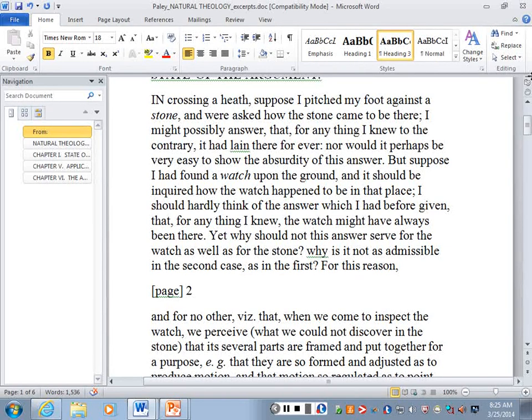You and I walk across the field, but in Scotland we're walking across the heath. And then I cut and pasted some stuff from later in Paley's Natural Theology, where he kind of brings the argument home by looking at the eye as analogous to the watch.